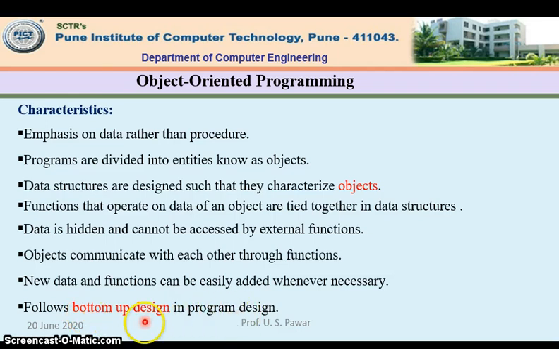If I am dividing one task into multiple tasks, it solves the smaller tasks first and then combines the solutions and reaches the top, or the main given task. So these are the important characteristics of OOP. In the next lectures we will study all these things with examples. Thank you.